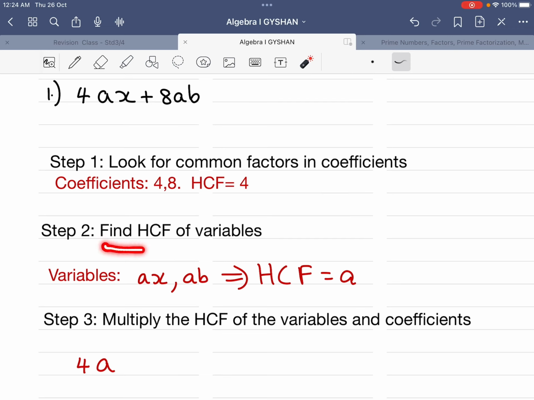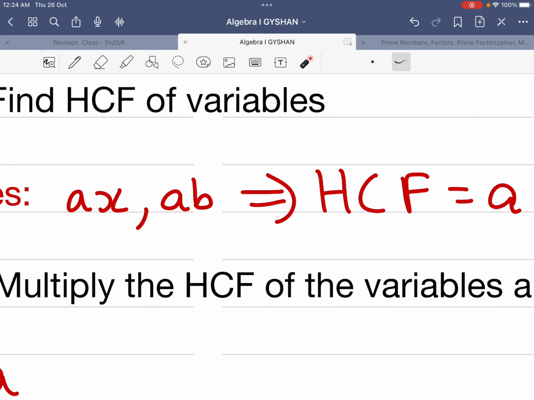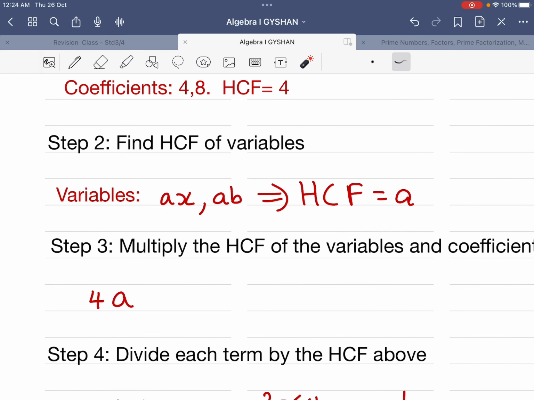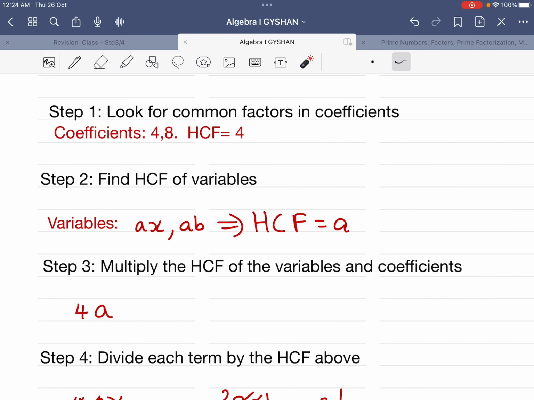Next, we have find the HCF of the variables. So ax and ab. What can go into both ax and ab? That will be a, because we can divide ax by a and get x. We can divide ab by a and get b. So a can go into both of them. Now we combine them, or we multiply them, to get the HCF of both the numbers and the algebraic terms.